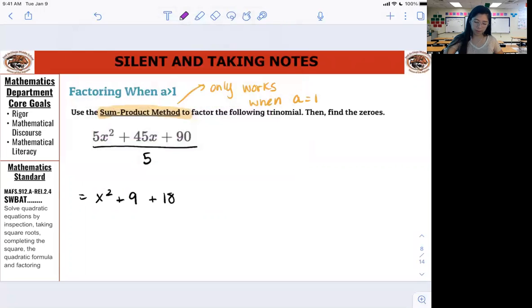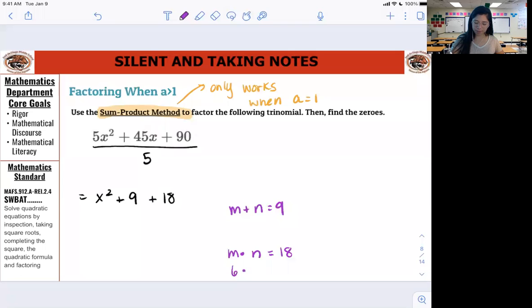So now I can do, okay, what two numbers add up to 9 and multiply to make 18? Six times 3, yeah.